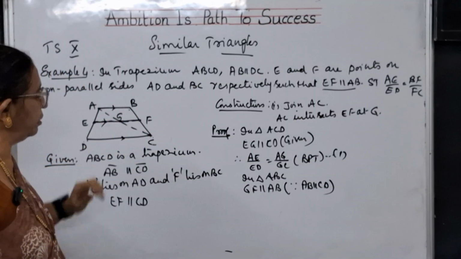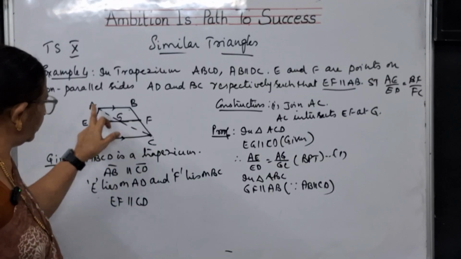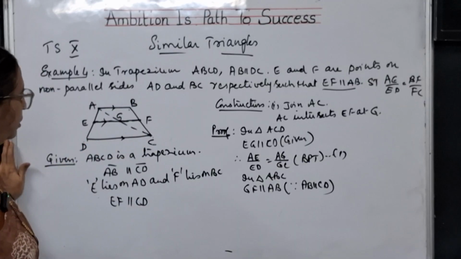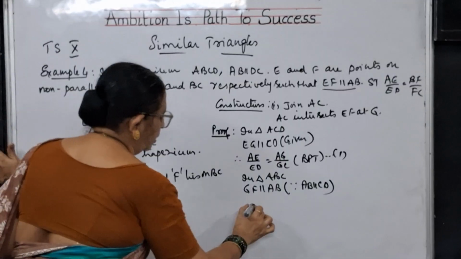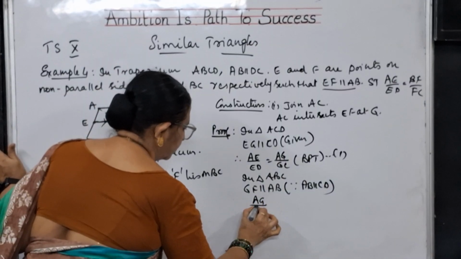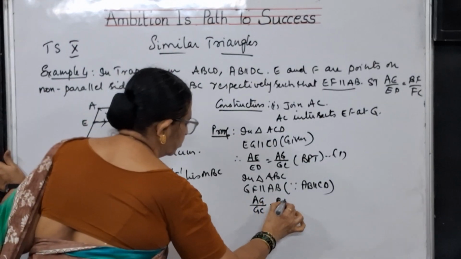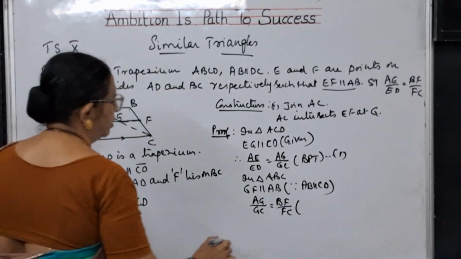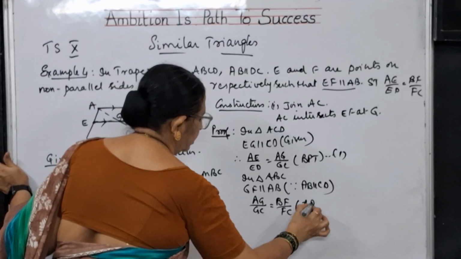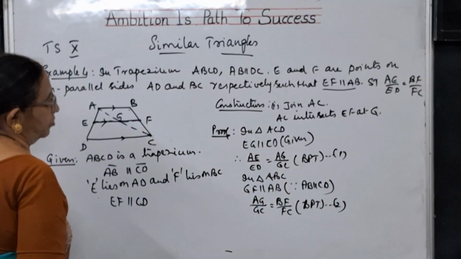EF is parallel to AB. Therefore, when GF is parallel to AB, what you can say? AG by GC is equal to BF by FC basing on BPT. Let us take this as the second equation.